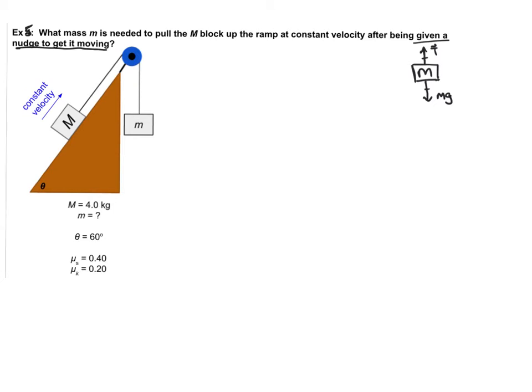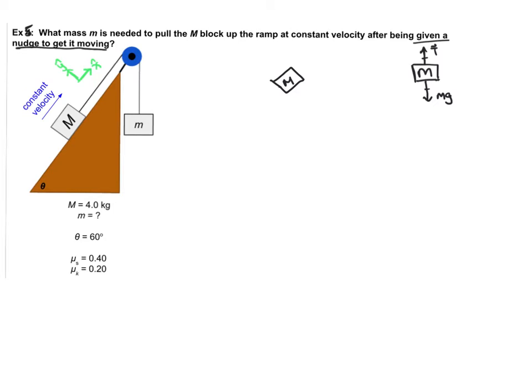All right, the capital M block is going to be more complicated. So I'll draw it at an angle, going to use our ramp skills. I will define a couple of reference directions here. I'll have pointing up the ramp being positive x, and perpendicular to the ramp being positive y.